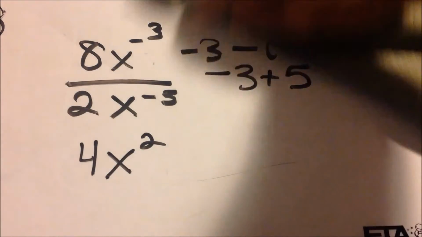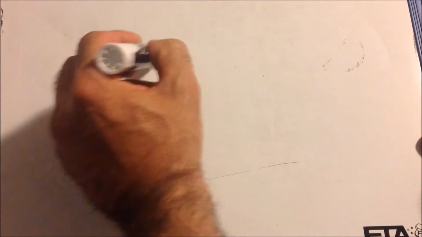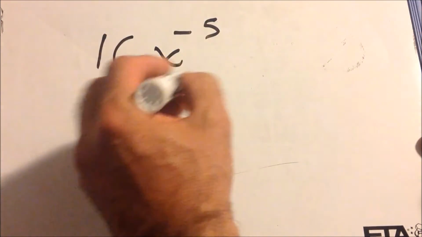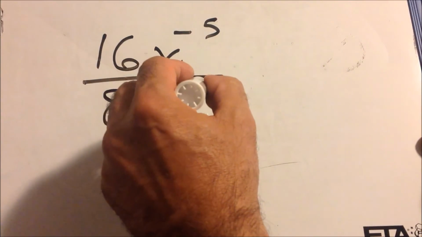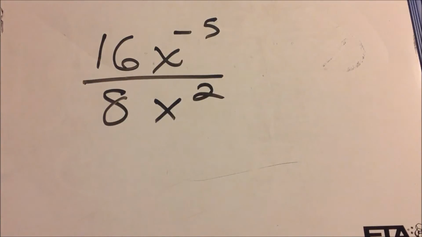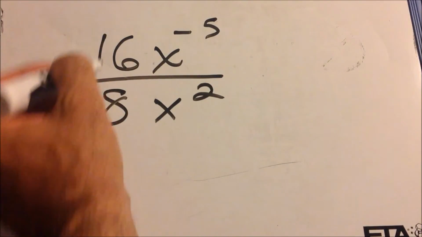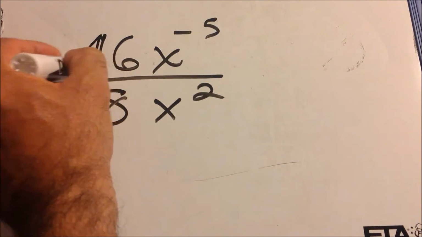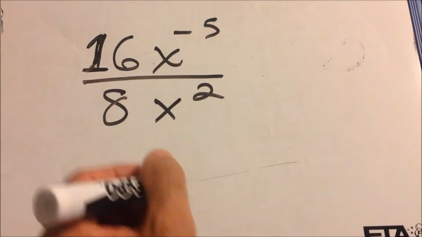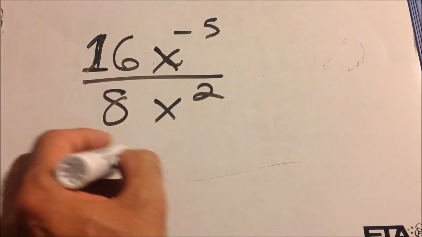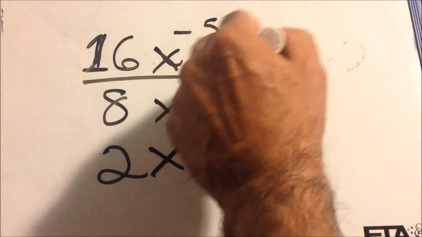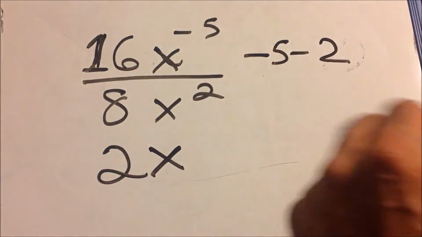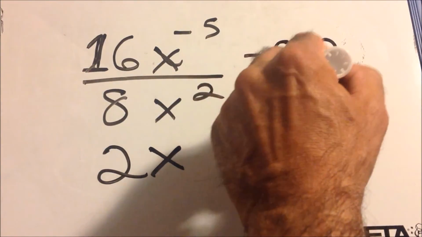Right? And let's say we had another one. Let's do 16x to the negative 5 over 8x to the second power. Again, the 16 and the 8 are just constants. They're coefficients. They don't have exponents, so we'll just divide them, and it'll be 2. They have the same base of x, and negative 5 minus 2 is negative 5 plus negative 2.